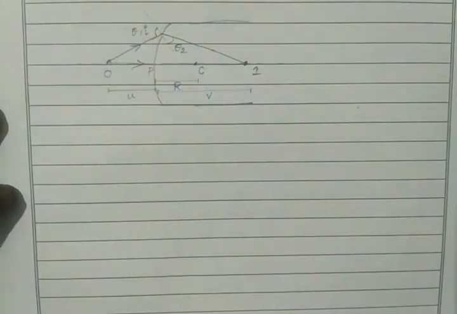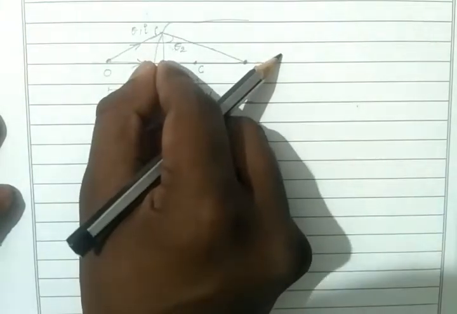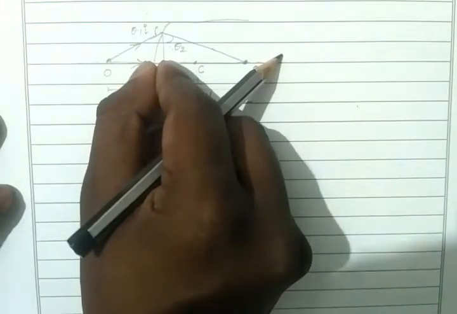To solve the derivation, we draw a straight line and take this distance as very small. We consider this point as P dash, and we take this point as M.